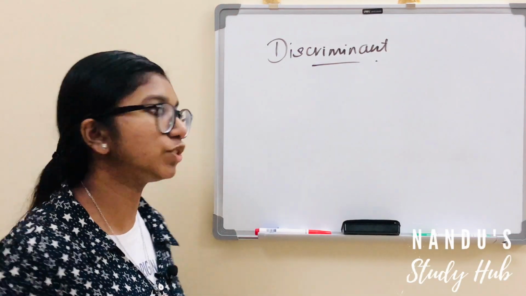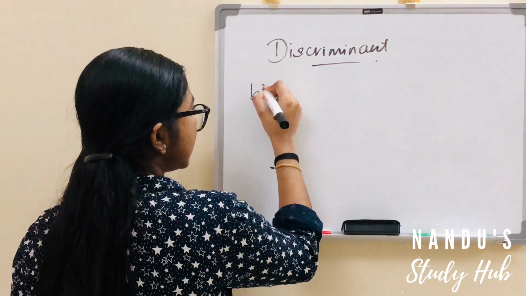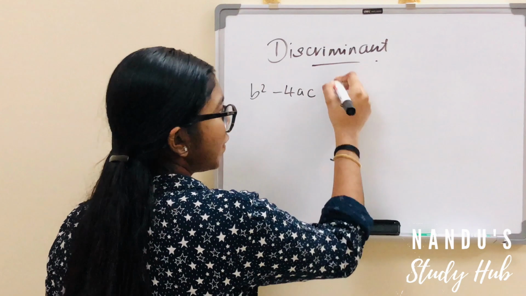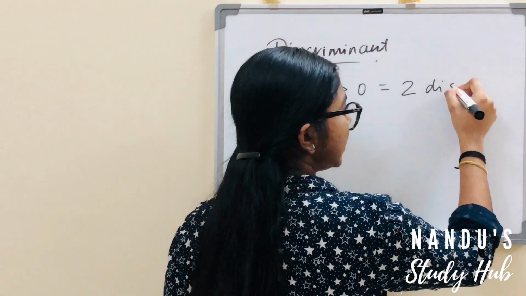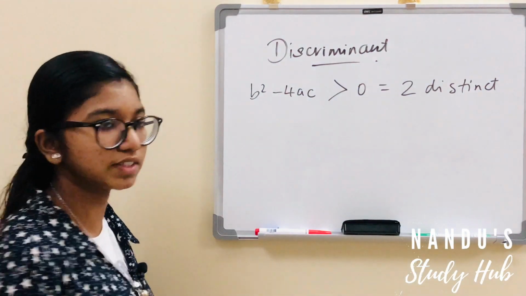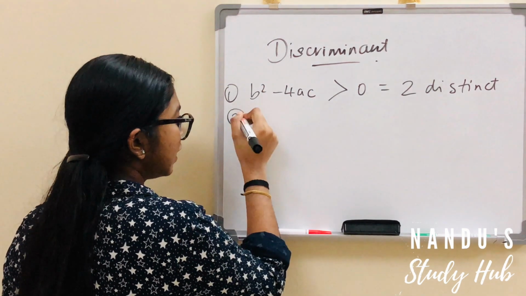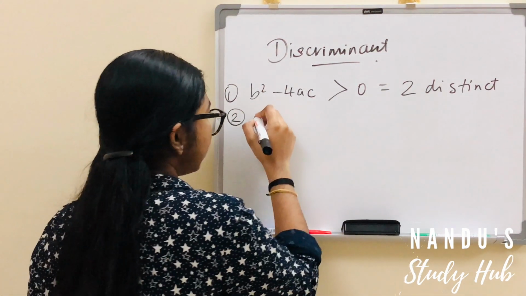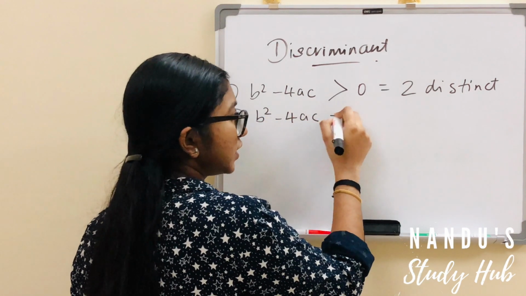Now we will see how to find the nature of the roots. If the discriminant b square minus 4ac is greater than 0, then you will have two distinct real roots. Two distinct means two different. That's the first case. Now in the second case, the discriminant b square minus 4ac is equal to 0.